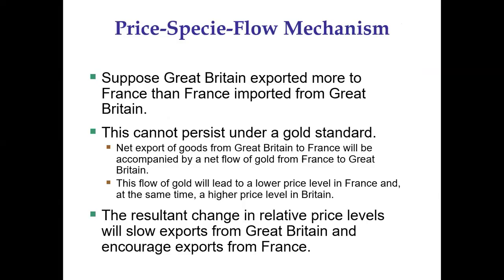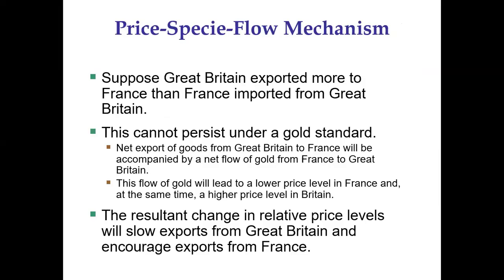Now, what is the price specie flow mechanism? Let's understand. Suppose Britain is exporting to France and France is importing from Britain. Under the gold standard, the net export of goods is accompanied by a net flow of gold.